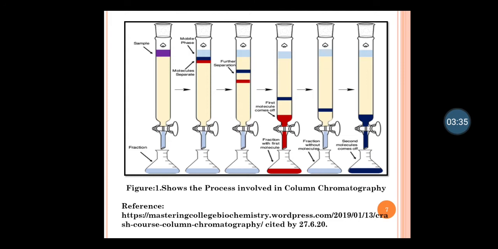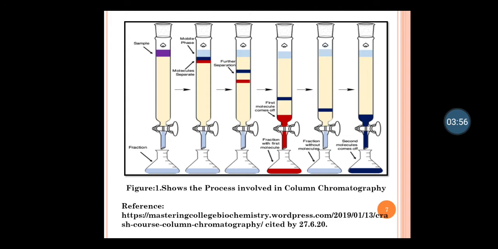In this picture, the violet color indicates the sample solution and the light blue color indicates your mobile phase. Once you pass the mobile phase, the substance will be separated into two layers: one is red, another is violet.